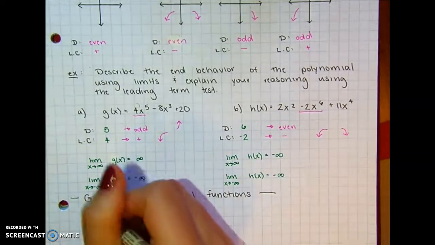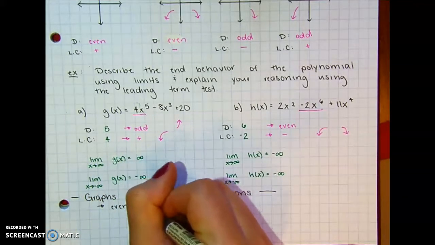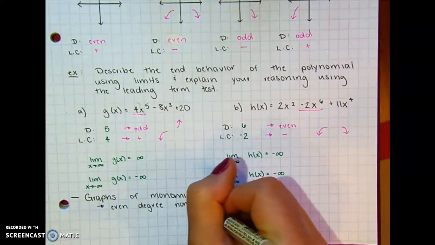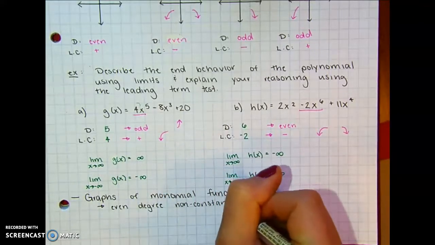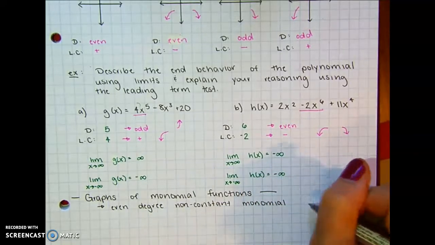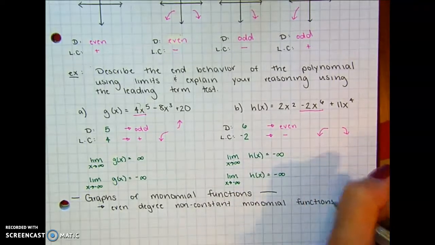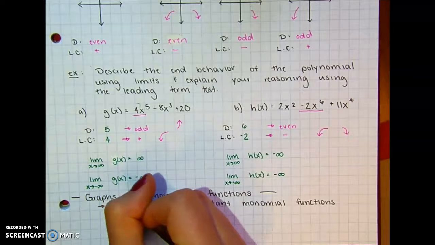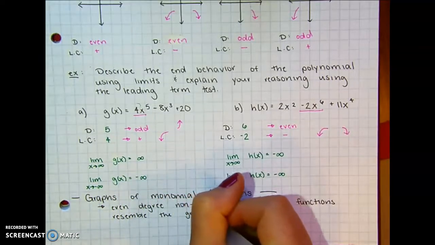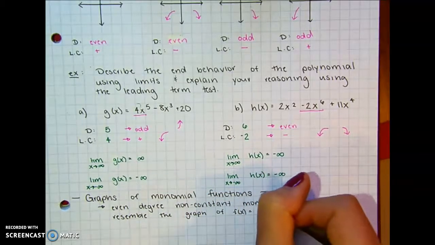So if it's an even degree, non-constant monomial, it resembles the graph of f of x equals x squared.